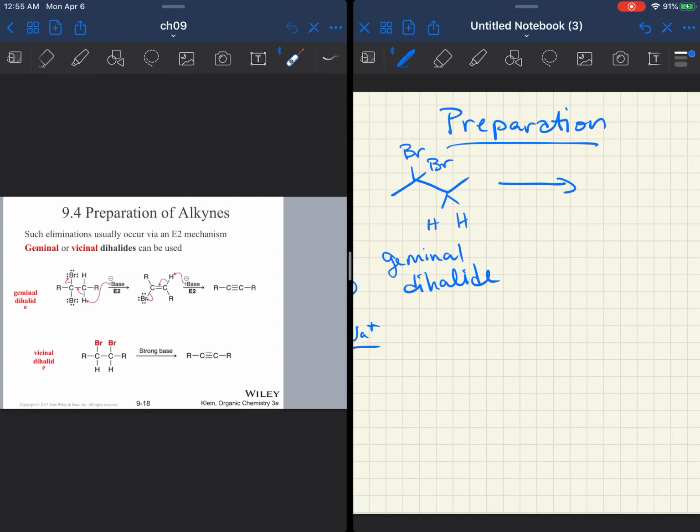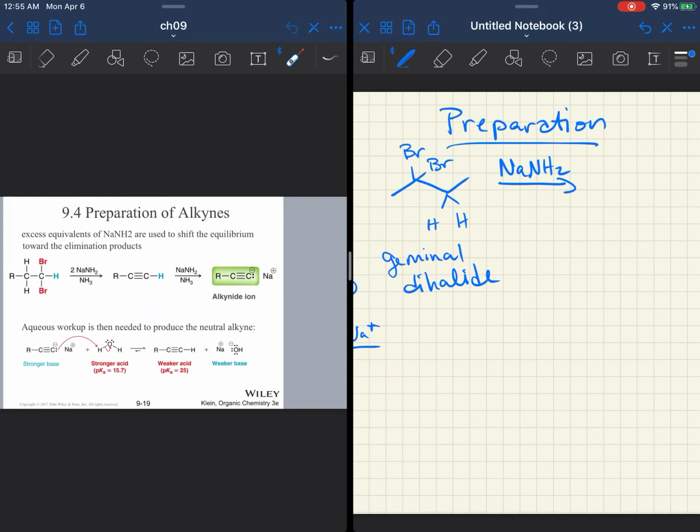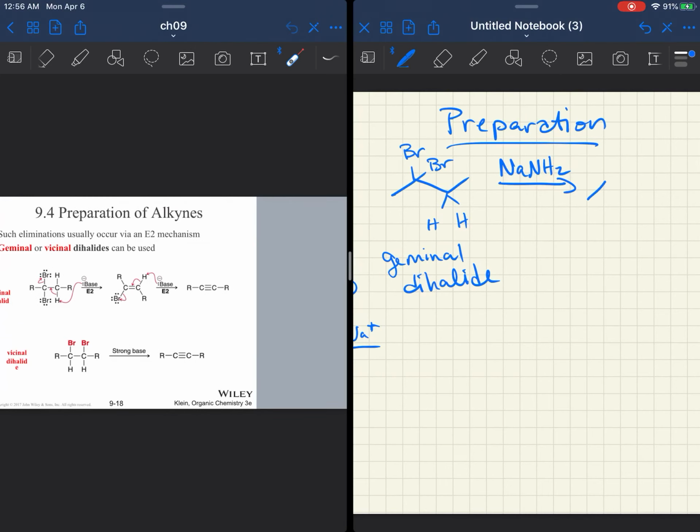You could have a geminal dihalide, and you could treat it with the base. Now, in this case, the base that you want to use is going to be NaNH2. You are going to want a strong base here. Okay, yes. So that will lead you to your triple bond.